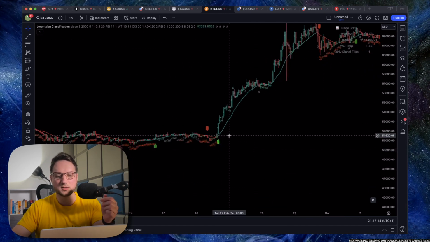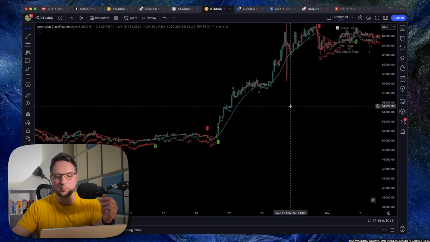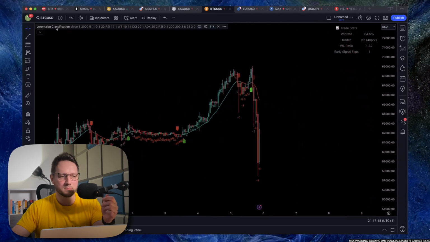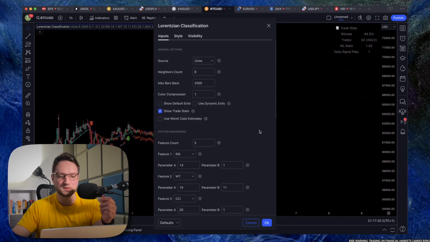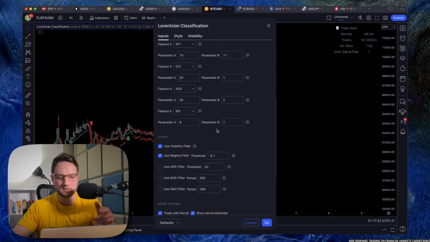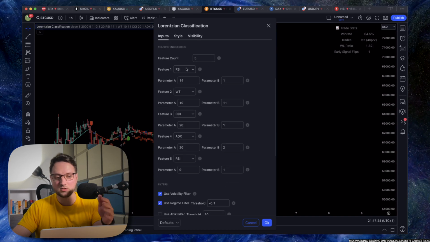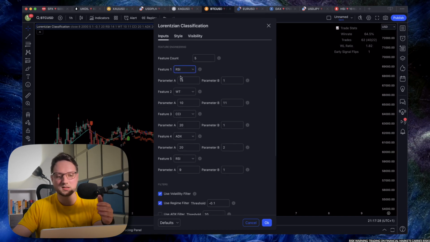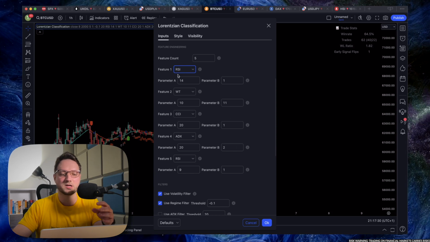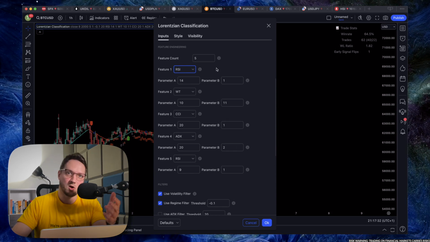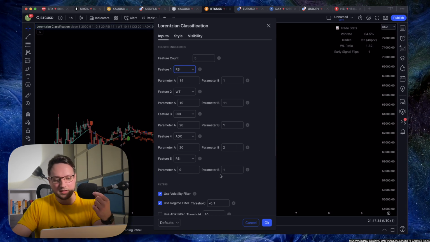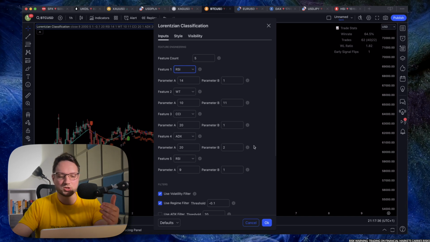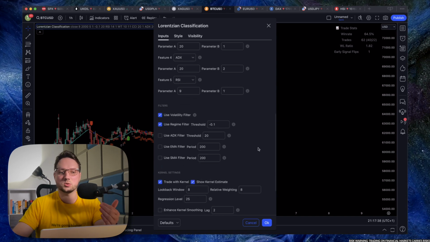It generates, as you can see, signals for sell and buy. And if we go to the settings, you will see that it consists of, yes, 5 indicators. Here you can choose the RSI, wave trend, CCI, ADX, and you can combine them in various combinations. And you can choose which should be strongly used, which weakly used.